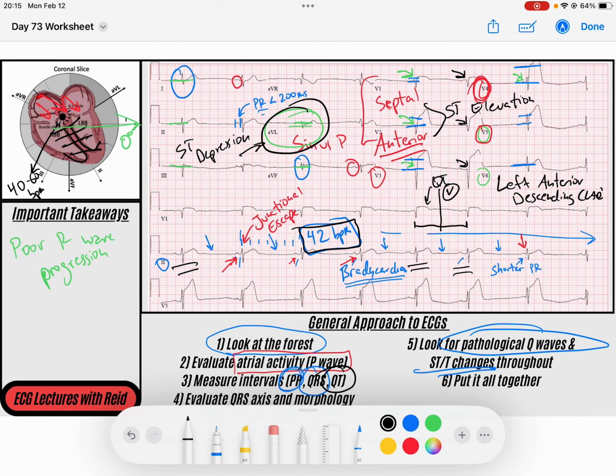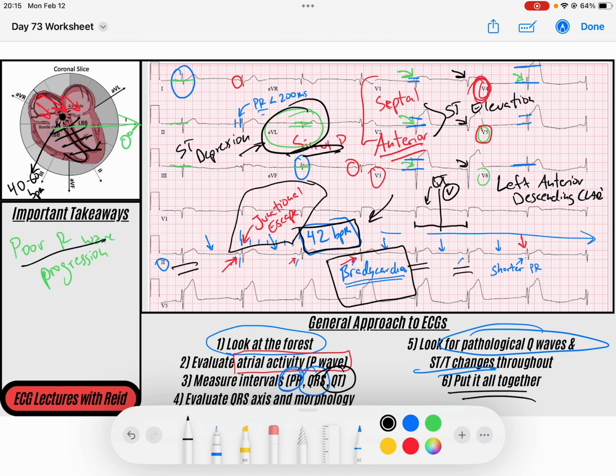So, all right, let's do what we need to do and put this ECG together. So what do we have? We've got a sinus bradycardia at a rate of 42 beats per minute. We said we had some junctional escape rhythms. We would call this intermittent junctional escape rhythms with slowing of our sinus bradycardia.